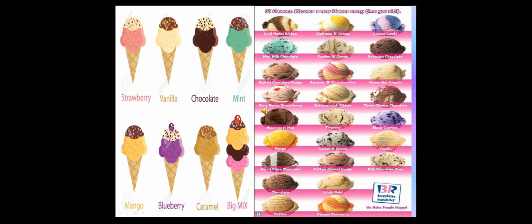Also strawberry, there are bananas and strawberries. So multiple types of flavors are available, and these are not the only ones. If you do a Google search, you'll find that there are thousands and thousands of different flavors depending on the country.